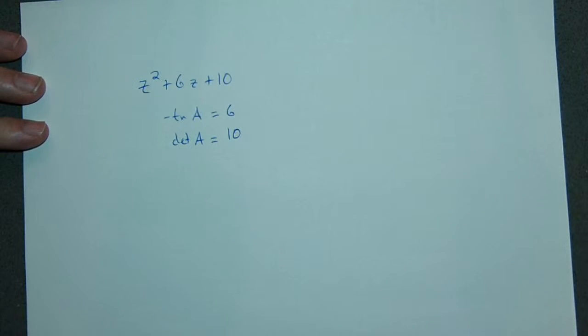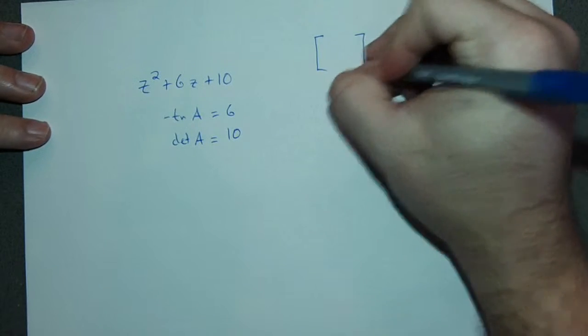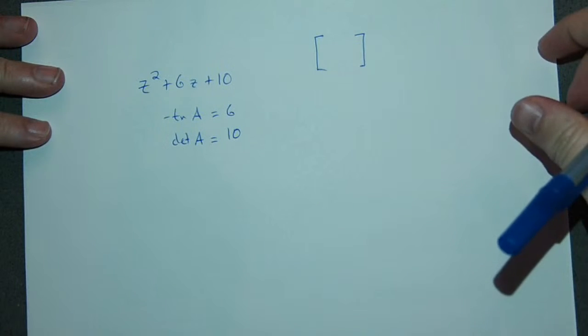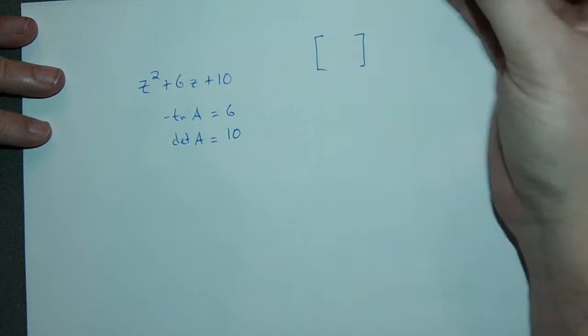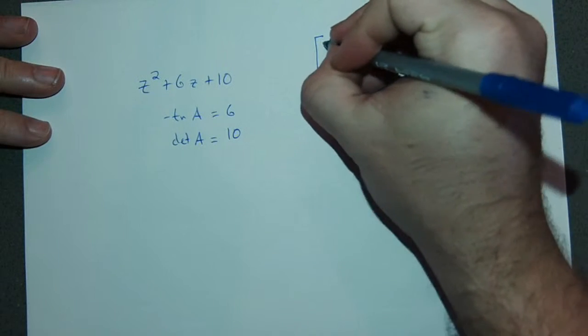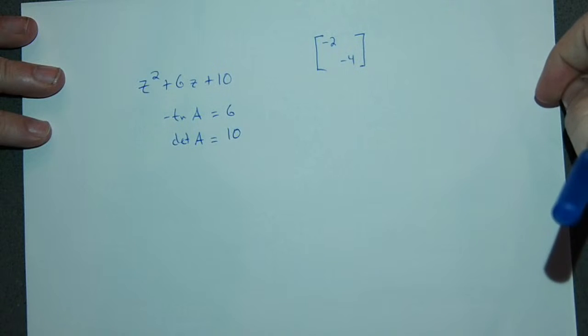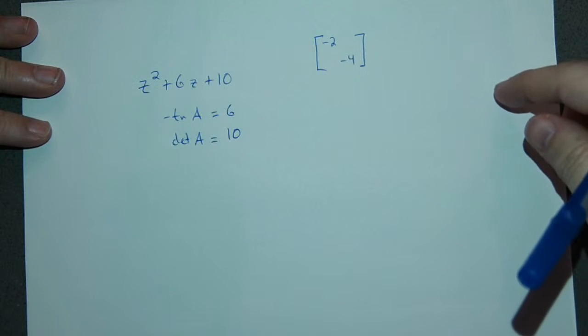So I want the trace of A to be minus 6. There's a few ways I could do this. Let's do minus 2 and minus 4 here. That gives me trace of minus 6, so minus trace A is 6.